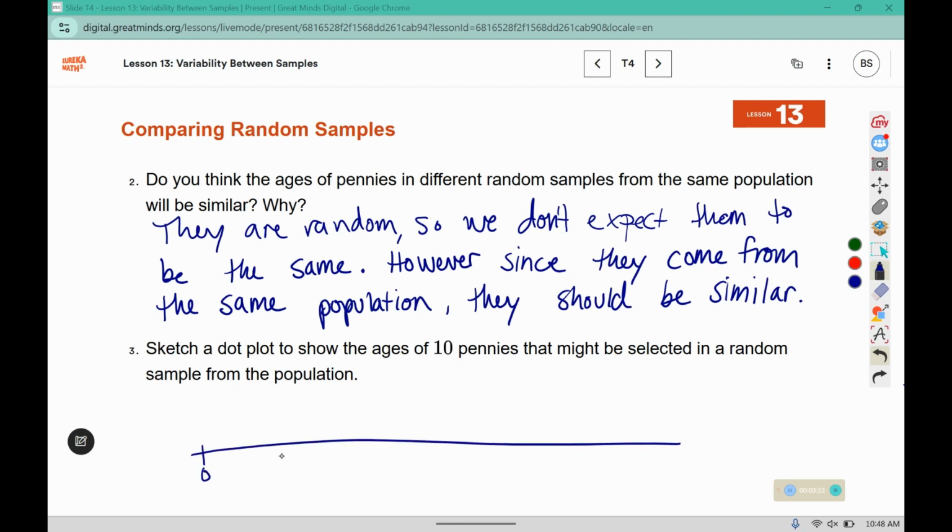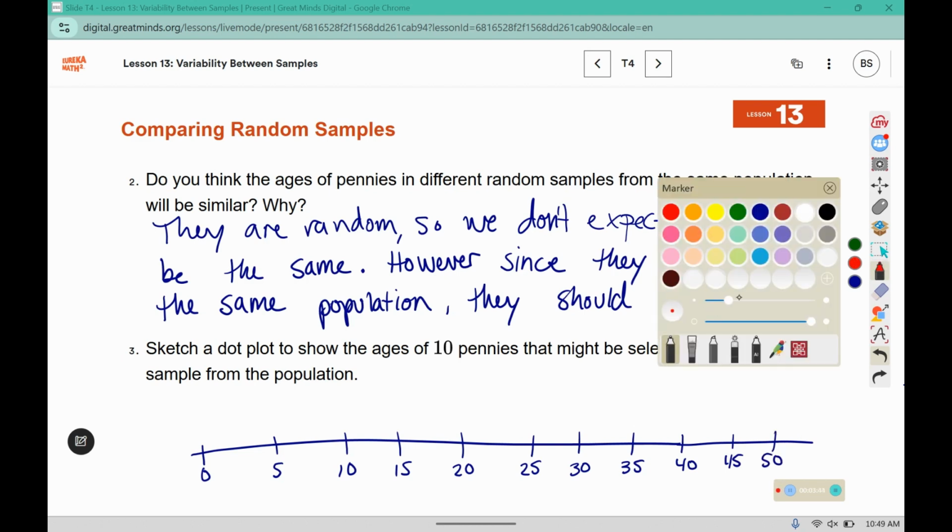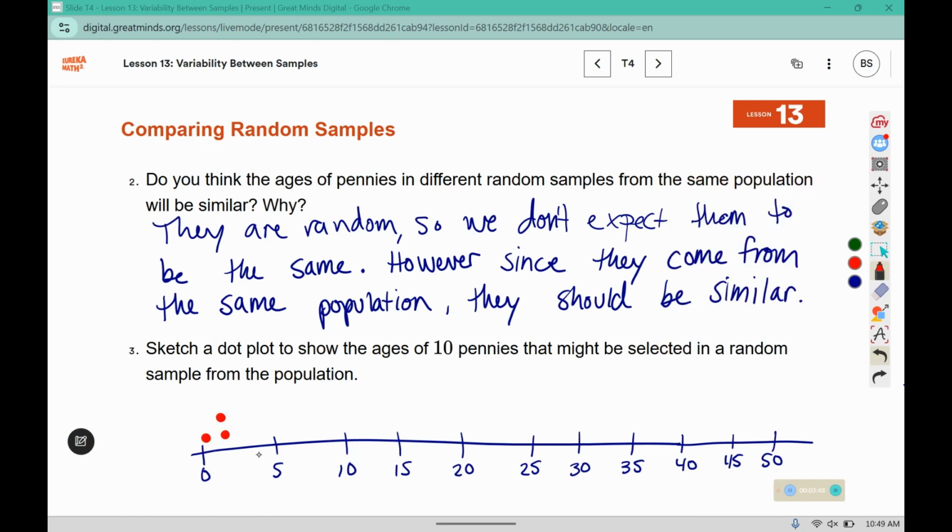So we have some ages of these pennies, and we need 10 dots. Again, the majority of them should be pretty young. We'll have a couple that are older.